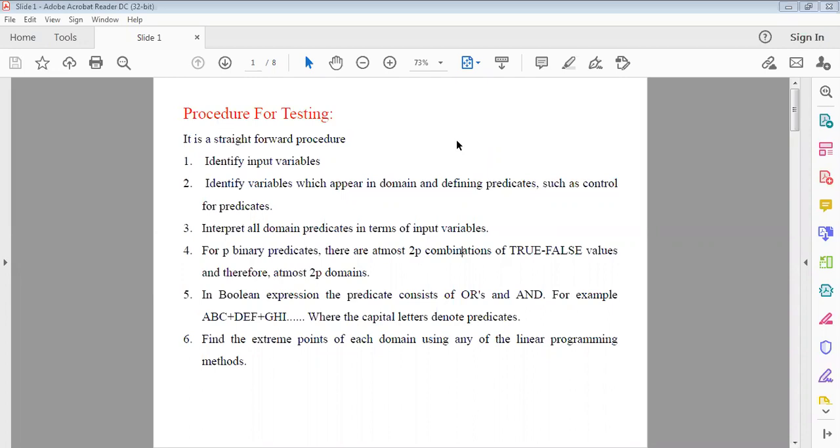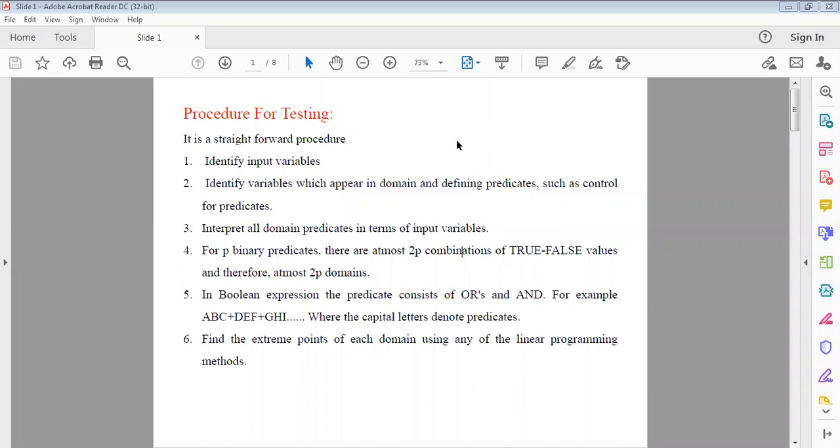That interpretation, the condition checking, will be done in the third step: interpret all domain predicates in terms of input variables, so which variable has to follow which predicate.